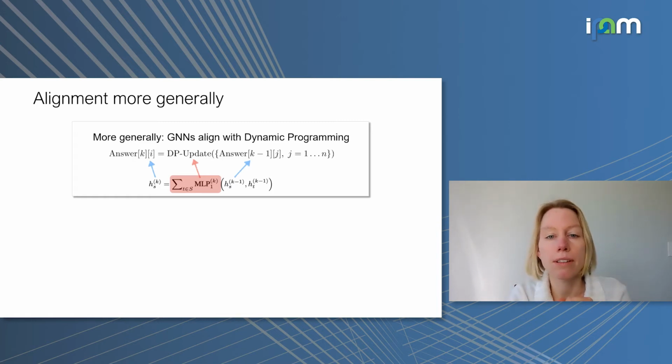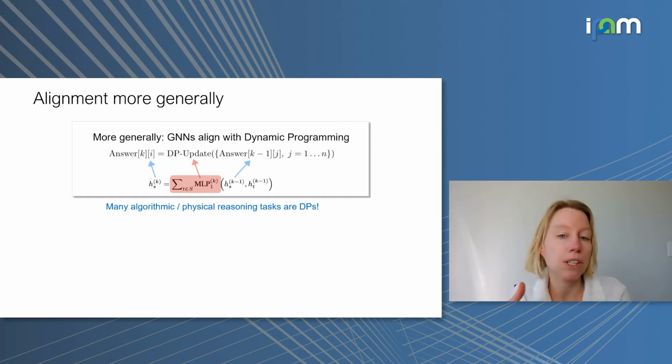The modules I'm talking about are these aggregation functions and the MLPs. If they can mimic the DP update, then I'm in good shape. The feature vector is the state in the dynamic program. And the nice thing is that many algorithmic and physical reasoning tasks are actually dynamic programs, like predicting the next state or doing shortest path, etc.